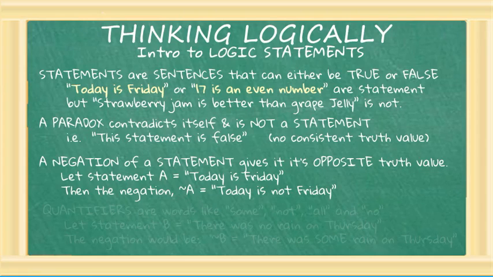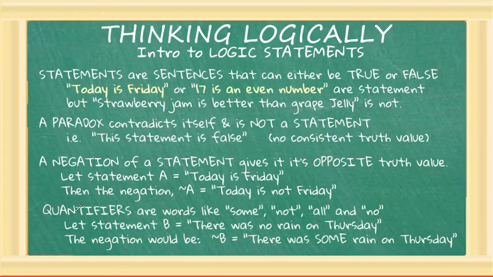Okay, and another term we want you to know in going into this chapter is quantifiers. Those are words that will change statements, like the word some or not or all, and that can help determine if something is true. So let's say here's a statement, call it B, and it says there was no rain on Thursday.